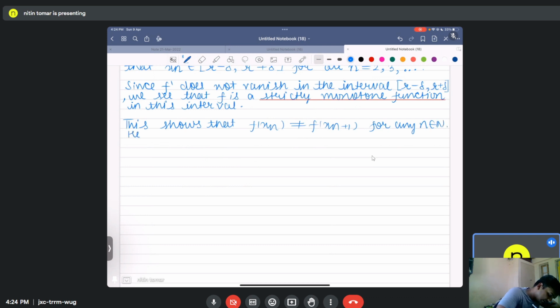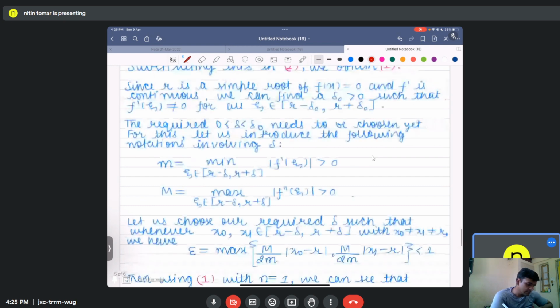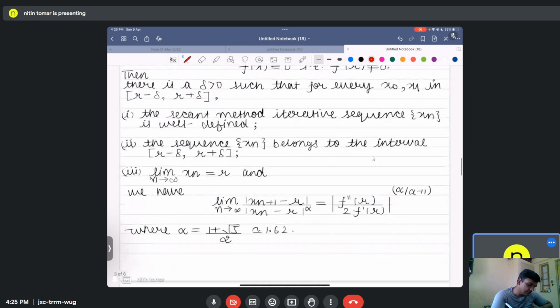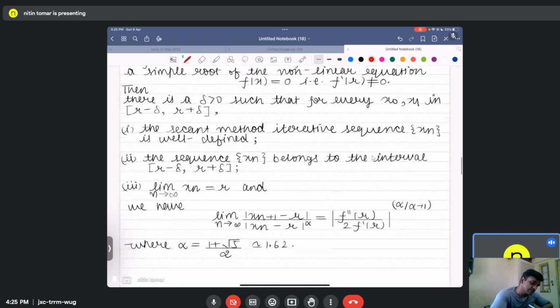Hence this xn is well defined. So the first conclusion was that this sequence xn is well defined. We have proved this.